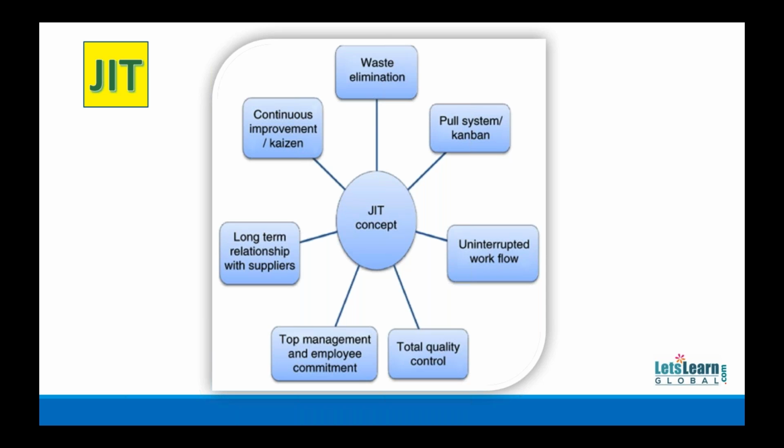And always remember, in a JIT environment, we should also give lots of care for the quality of the goods. Why? Because there's no time to check the quality. The suppliers are supplying the goods at the workstation, not your factory, so there is no time to inspect. This is the reason why under the JIT system, the assurance of the quality is shifted to the suppliers.